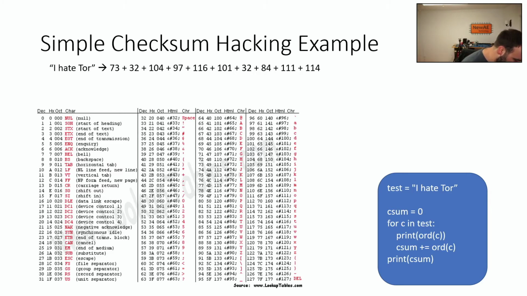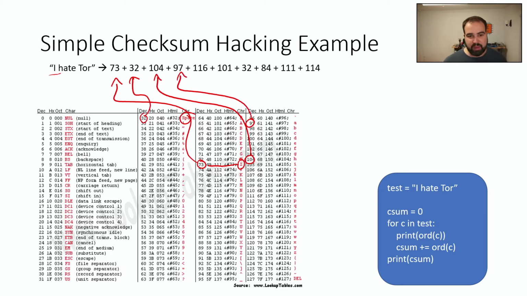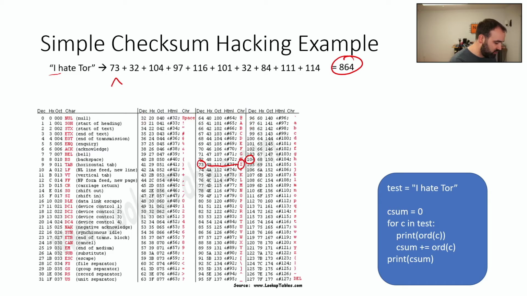So if you go to I, this little ASCII table here says I is 73, space is 32, H over here is 104, A is 97, and so forth, right? I'm just going through each of these in sequence, and you can get each of those values. If you add them all up, you'll get 864. So that sequence of letters will have a checksum value of 864.